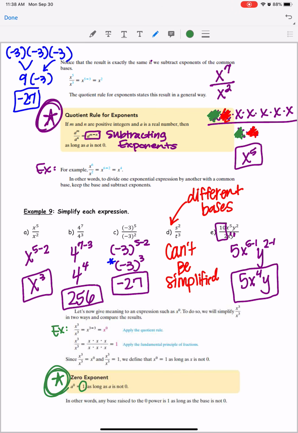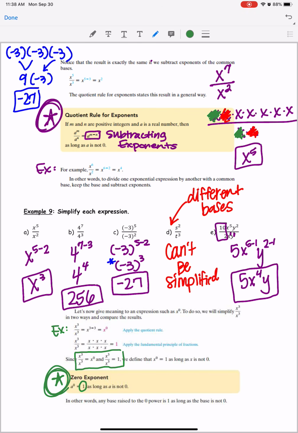If they have x cubed over x cubed, if you use this rule right here of subtracting, when you subtract, you get x to the 0 power. But I know if I have the same thing on top as I do on the bottom, that's always going to equal 1. Right? So that's what they're showing you right here.